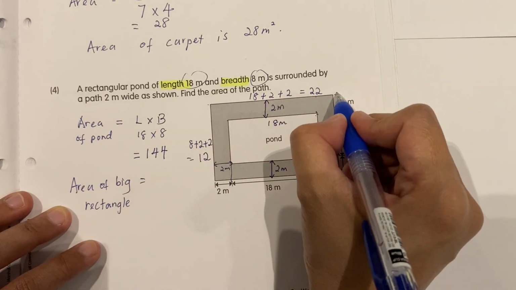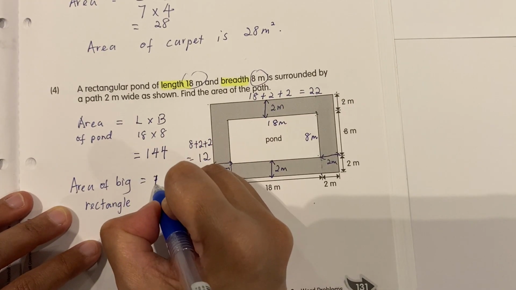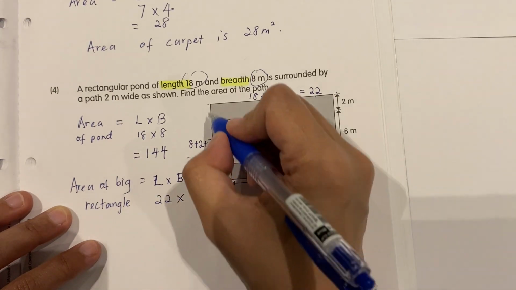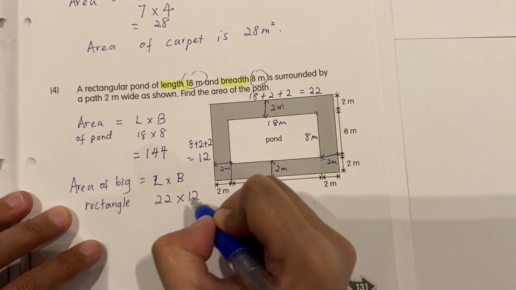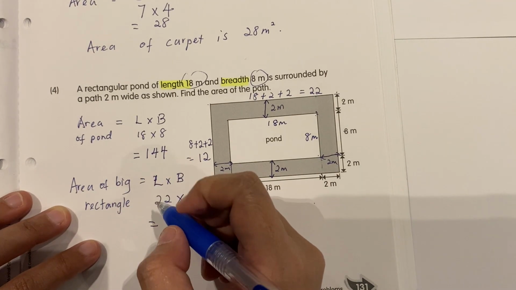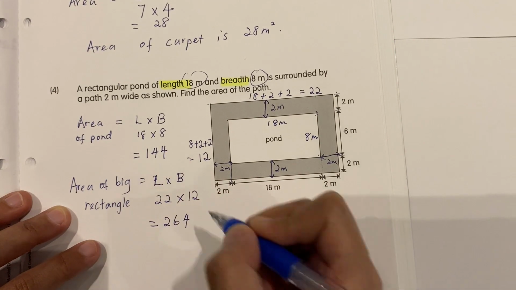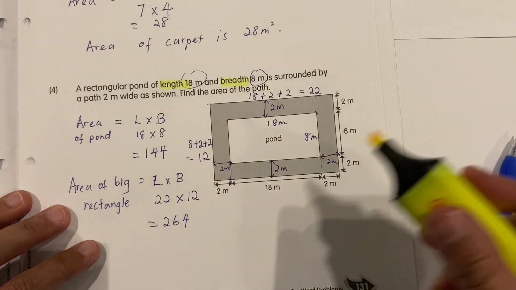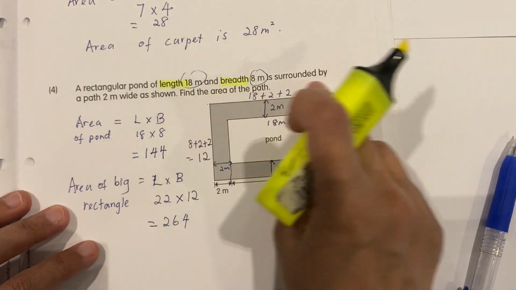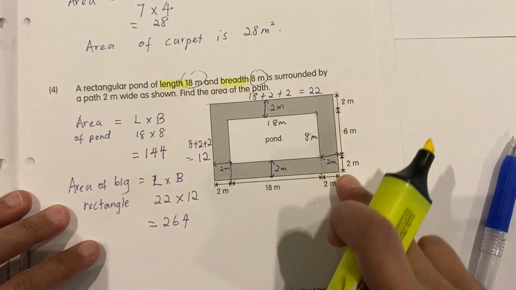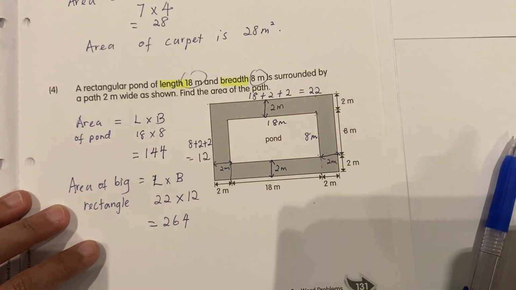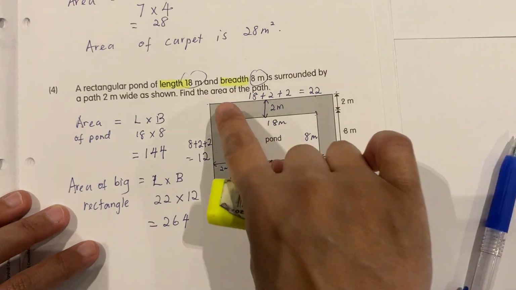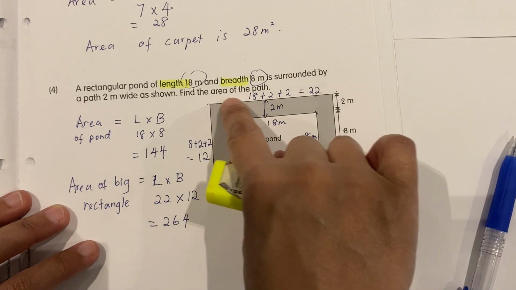The area is length times breadth. That's 22 times 12, so you get 264. Now they want to know what the pavement is. You know the area of the big rectangle and the area of the pond, so can you find the area of the path?